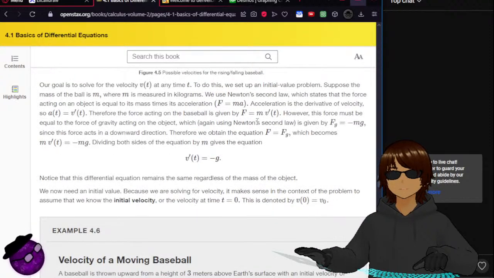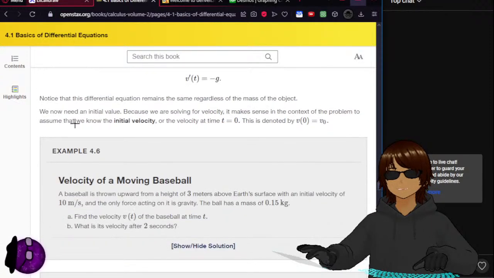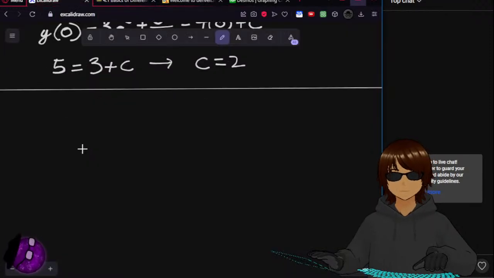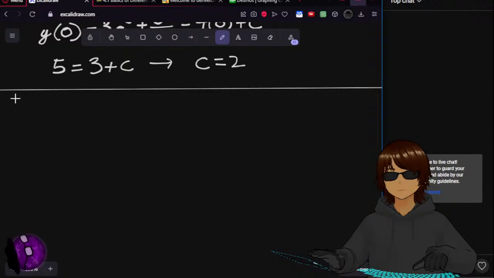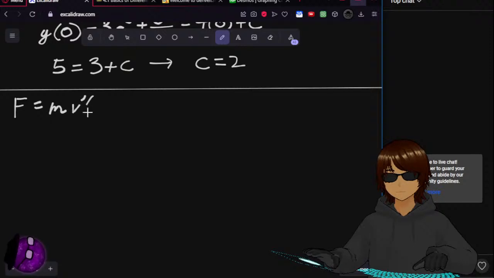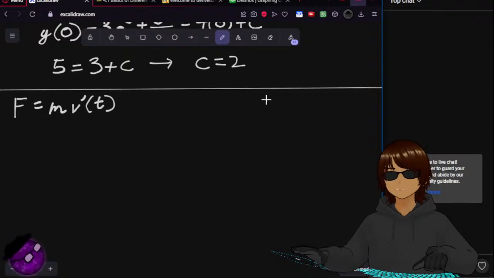So force is equal to mass times acceleration. Acceleration is constant.